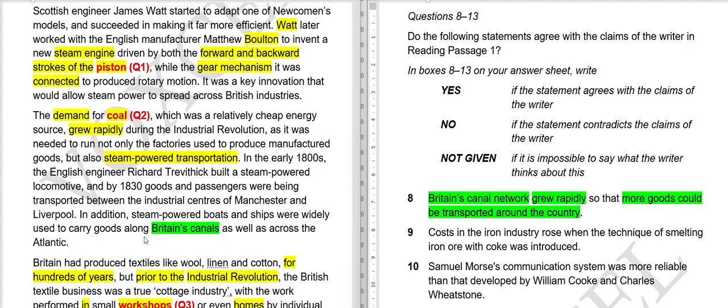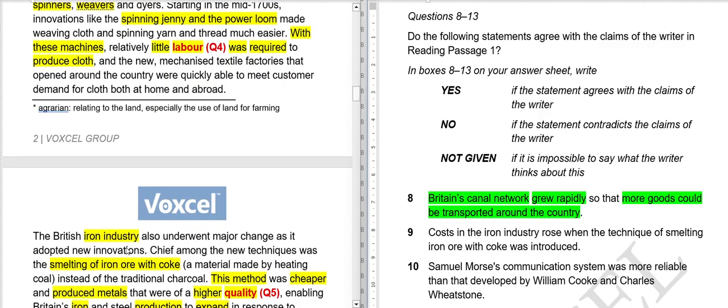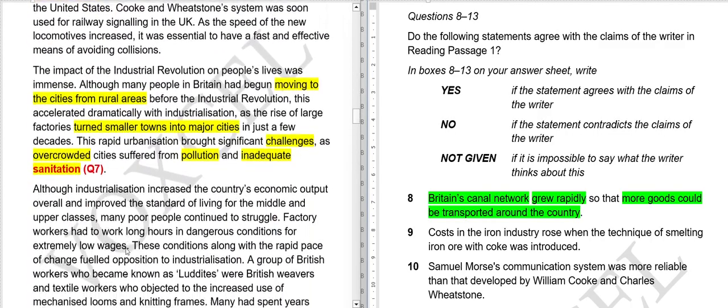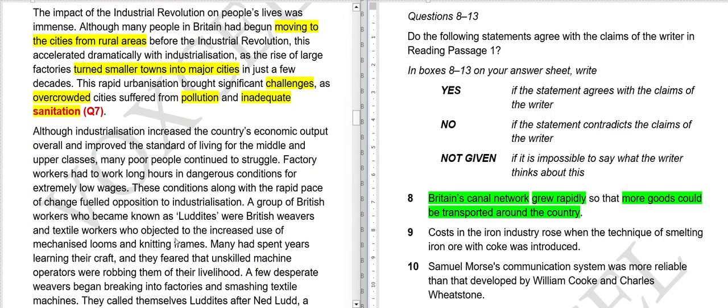Let's see. In addition, steam-powered boats and ships were widely used to carry goods along Britain's canals as well as across the Atlantic. So around the country, steamboats and ships were used to carry goods, but we do not have our reason why this network grew rapidly. Okay, so maybe Britain's canal network is written somewhere else.